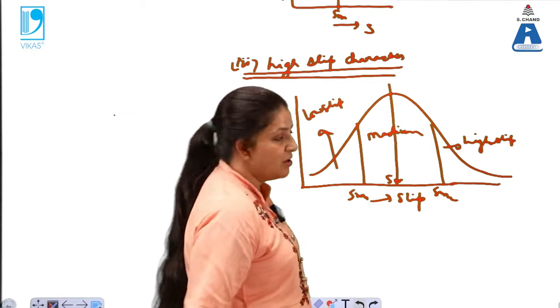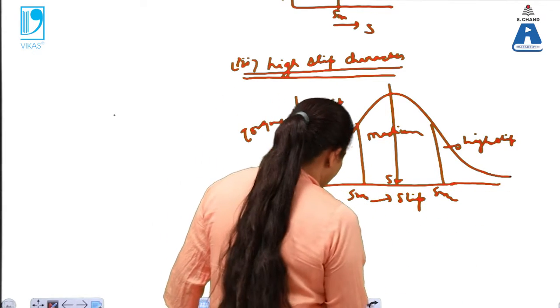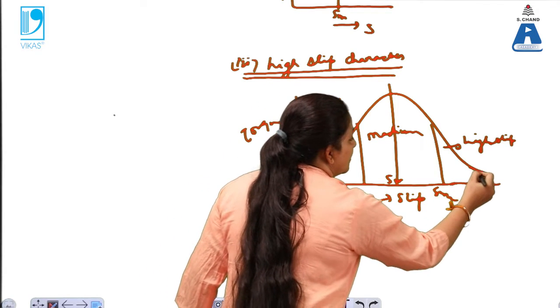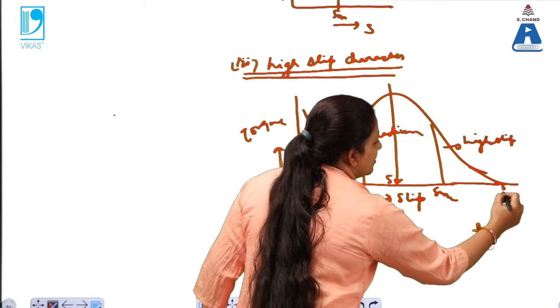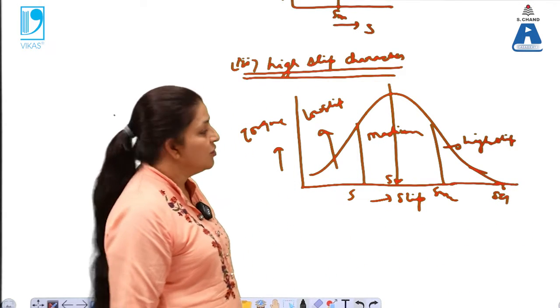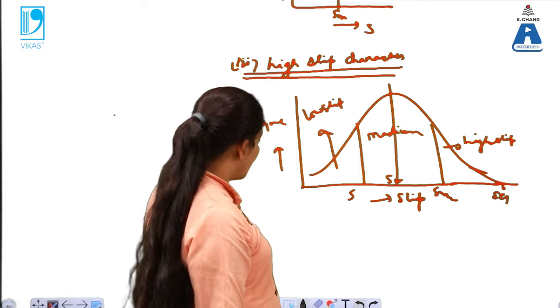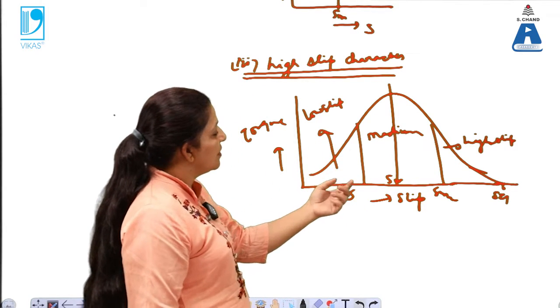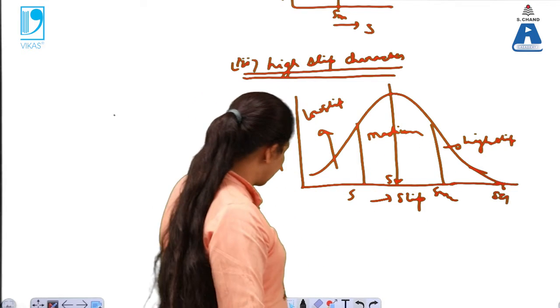In this region, when S is equal to 1, the torque immediately drops to 0. So this is the high slip region. We have studied the low slip region, then the medium, then the high slip region.